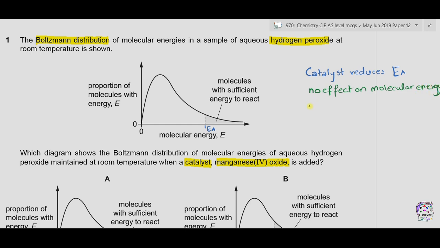So therefore there is no change in shape of the curve. The curve shape only changes whenever there is a temperature change. In this question the temperature is kept constant, so only we can see that the activation energy will change.